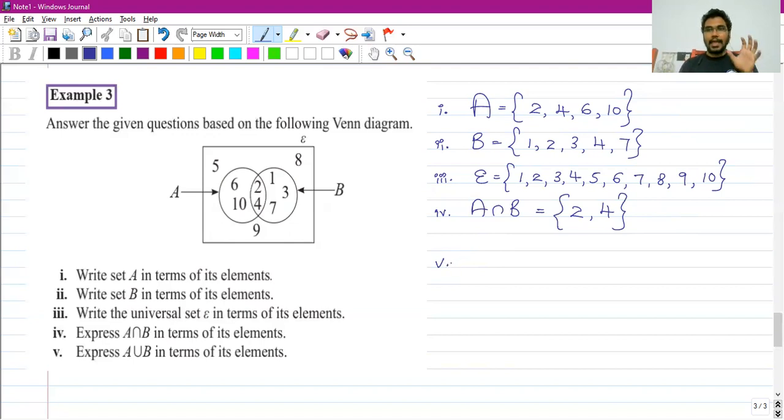Next, they ask A union B. Try to understand it.